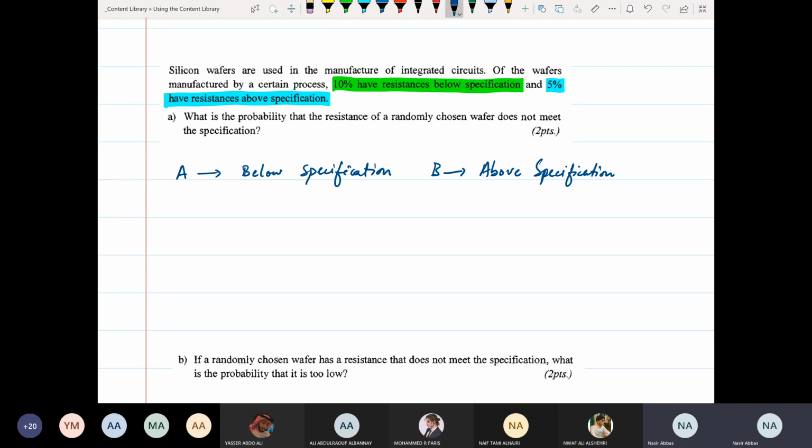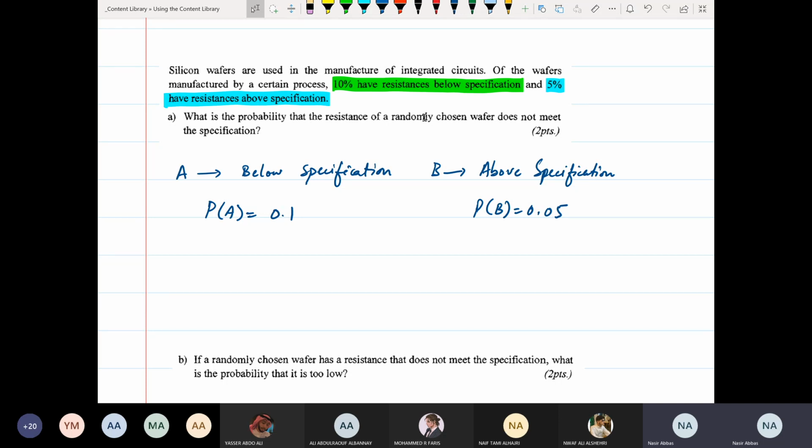The probability of A is given to be 10%, 0.1. The probability of B is given to be 0.05. The sum is only 0.15. So only 15% of the products are given in the question. Where are the remaining 85% of the products?